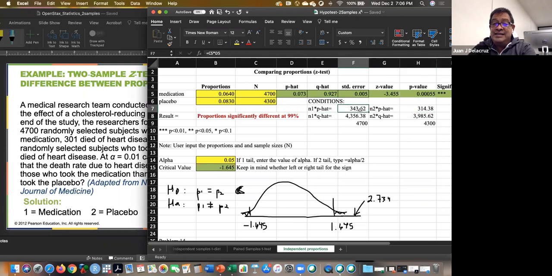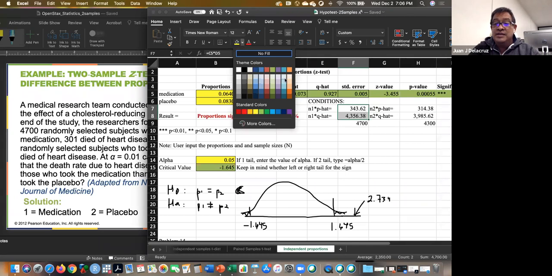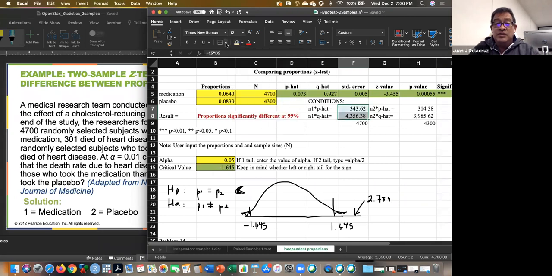So that is the number that I should aim for. Let me use another color, some little blue. So this is the test that I need to perform. My conditions are fine, so I can proceed to read the results.